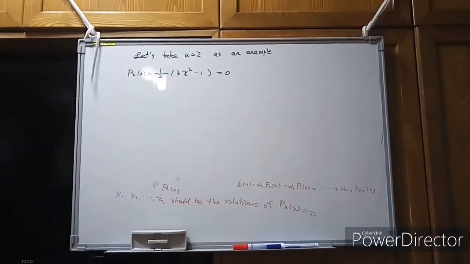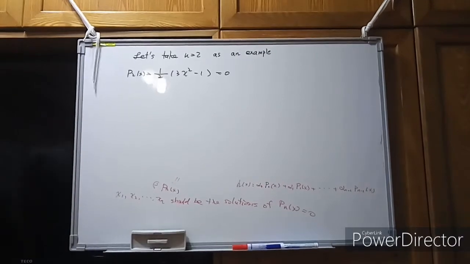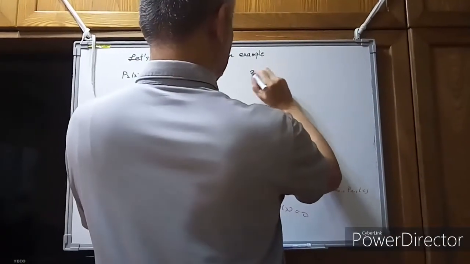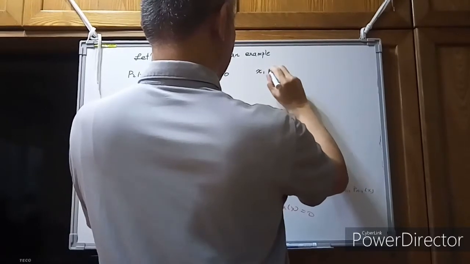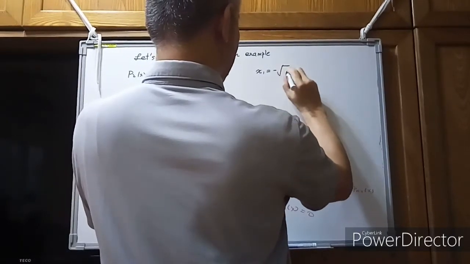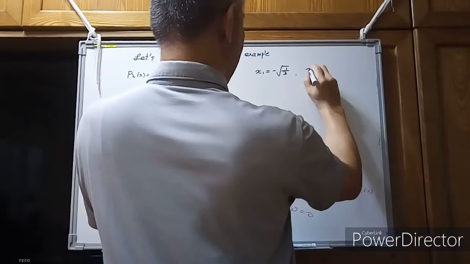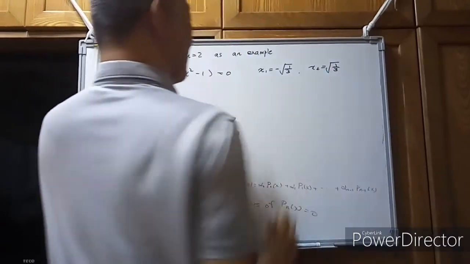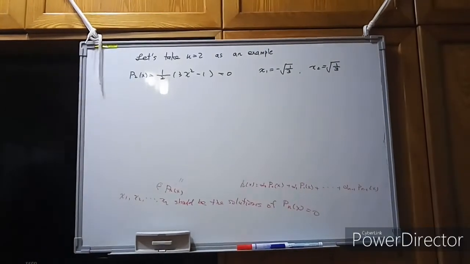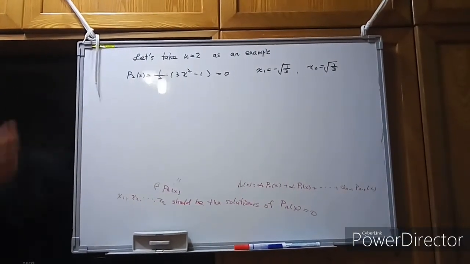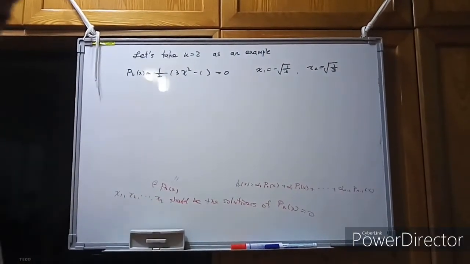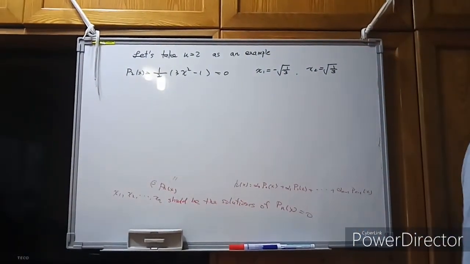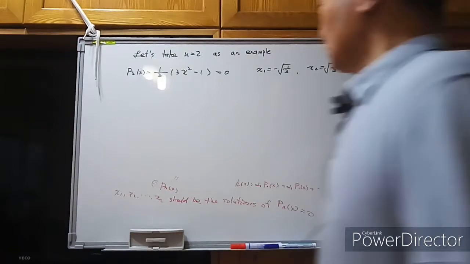If we solve the P2 of x equal to 0, then you will find the two solutions, x1 and x2. They are the negative square root of 1/3 and the positive square root of 1/3.